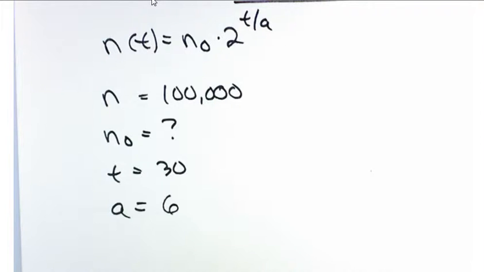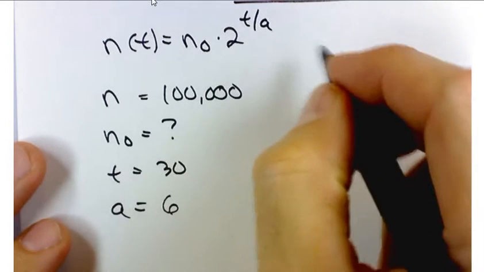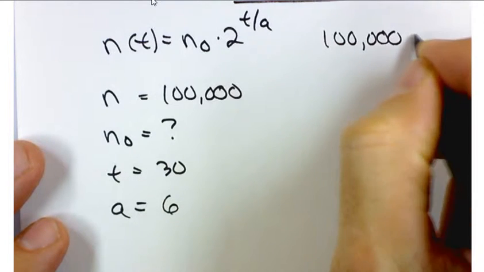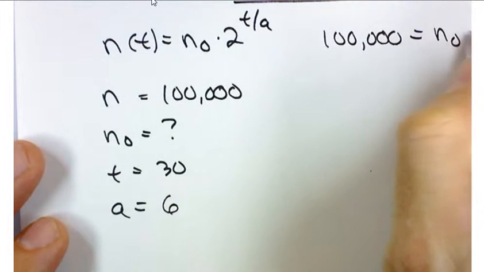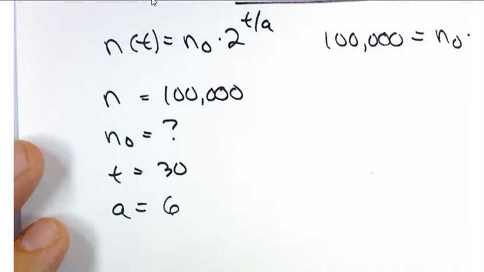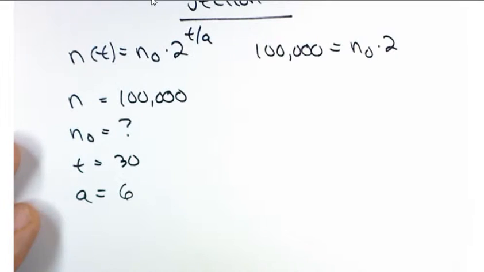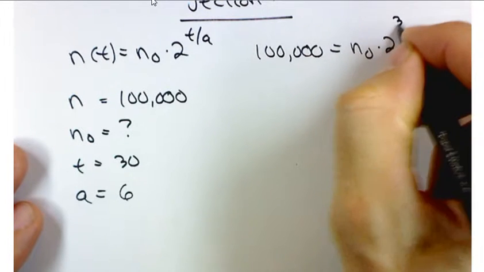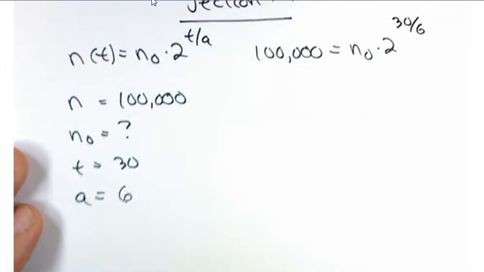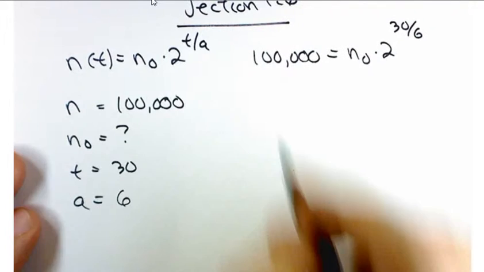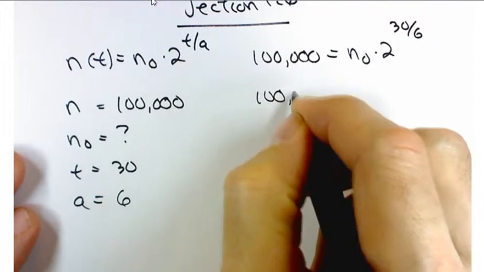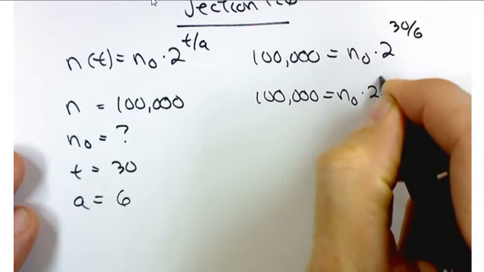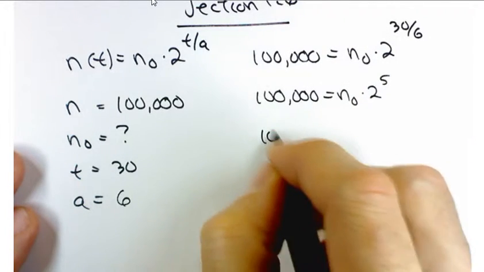But let's fill this in and see what we can come up with. So we'll get 100,000 equals N sub 0 times 2 to the 30 over 6. Well, that's 100,000 equals N sub 0 times 2 to the 5th. And 2 to the 5th is 32.